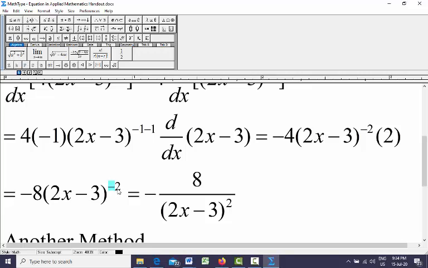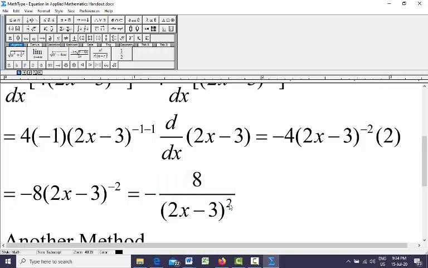If you want to remove the negative power from the answer, as I said before, you need to move the base along with the power to the denominator without the minus sign. So we move the full (2x minus 3) power minus 2 into the denominator, except the minus sign.